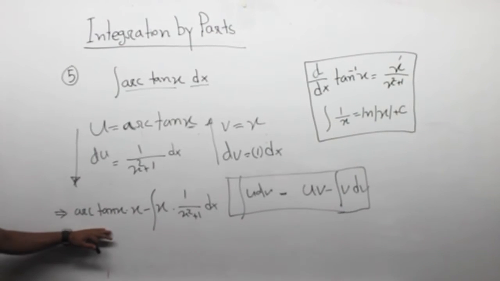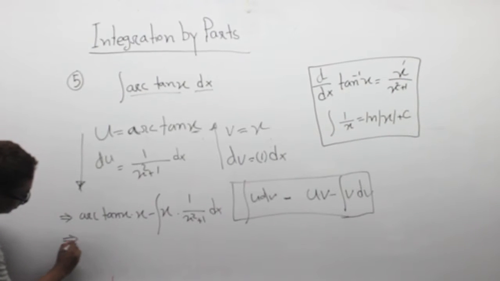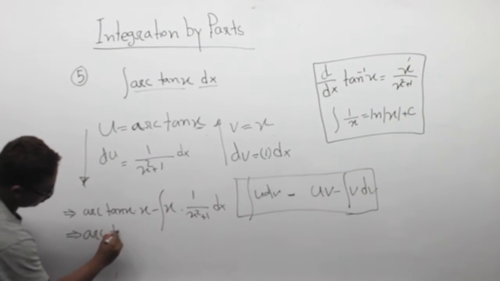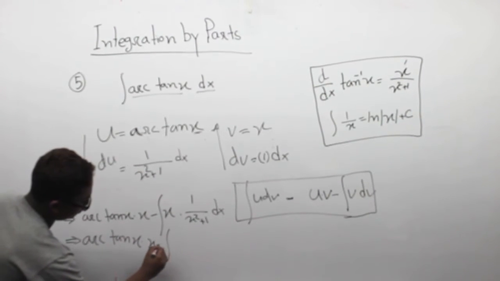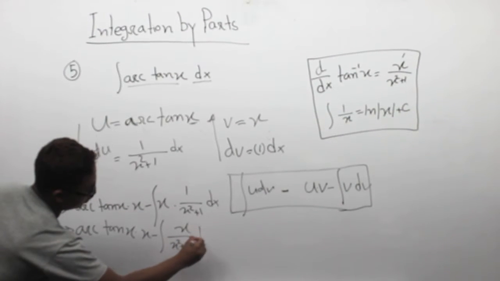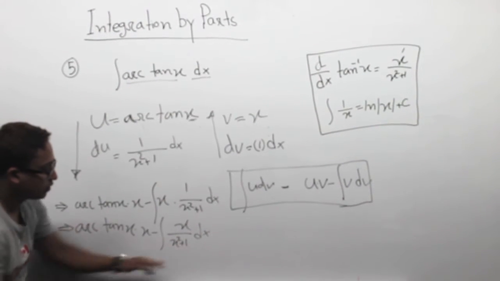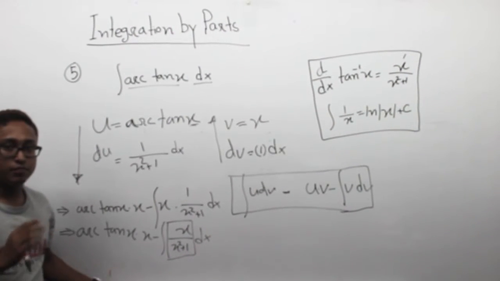So from here you can see we have to integrate this part again, so it is arc tangent x minus integration of x over x square plus 1 dx. In this situation we have three possibilities.